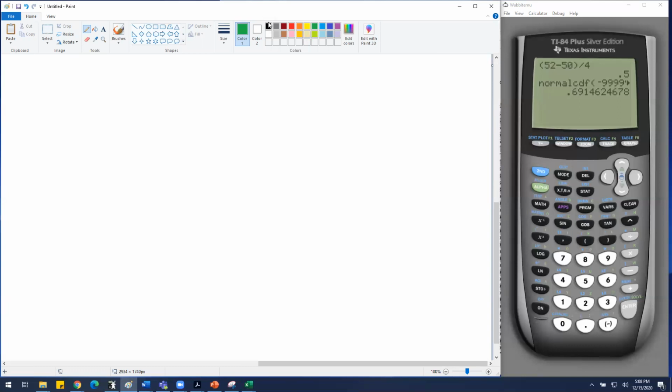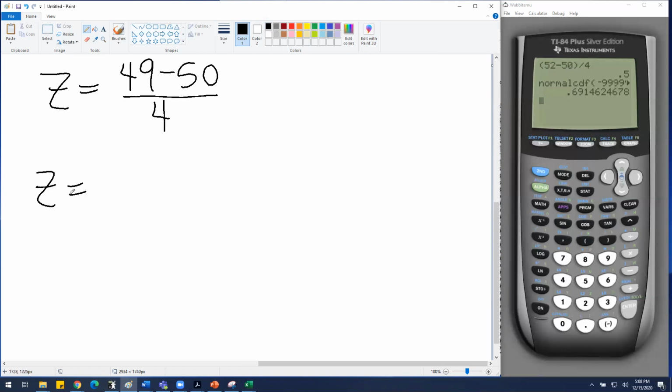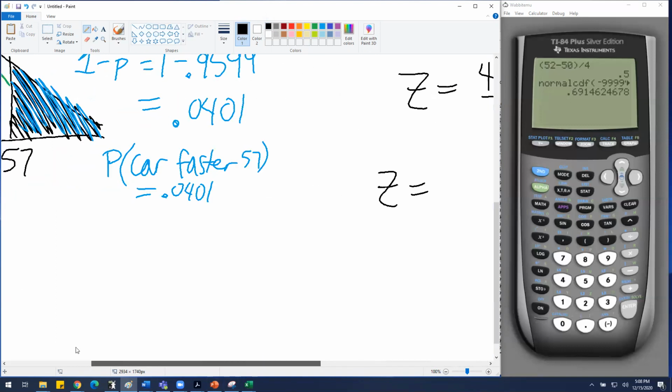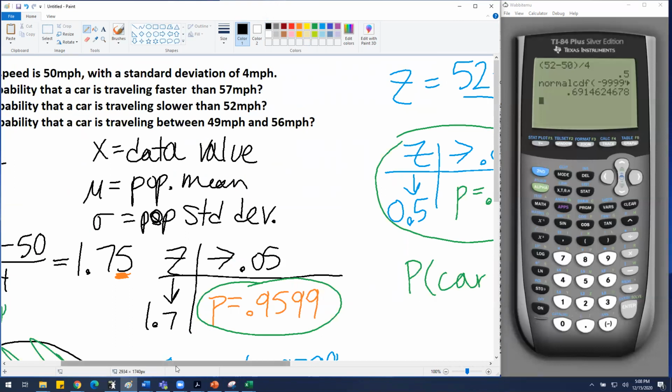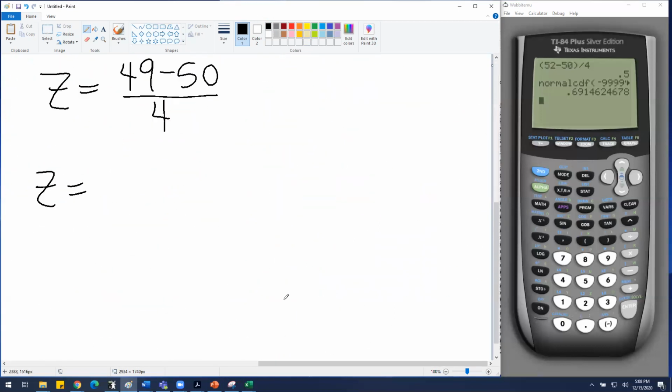So let's find the first one. We want 49. And the other z-score, let me double check our numbers, 49 to 56. So 56 is our other data value.